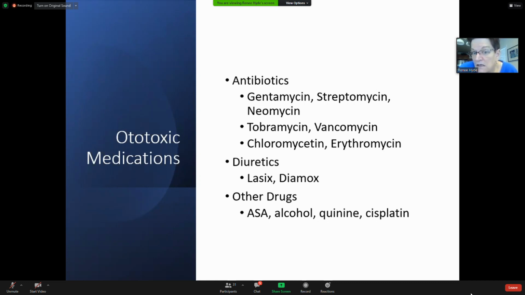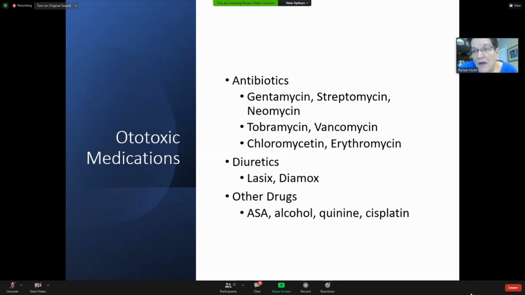Lasix acts directly on the kidneys to the point where it pushes the kidneys to release more water. It's a diuretic. Eventually, it will stop working on the kidneys and the kidneys will not respond to it, despite higher and higher doses.